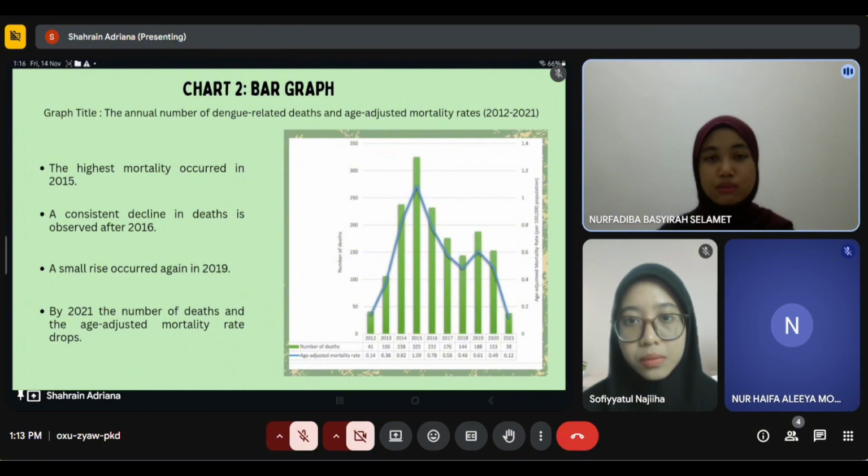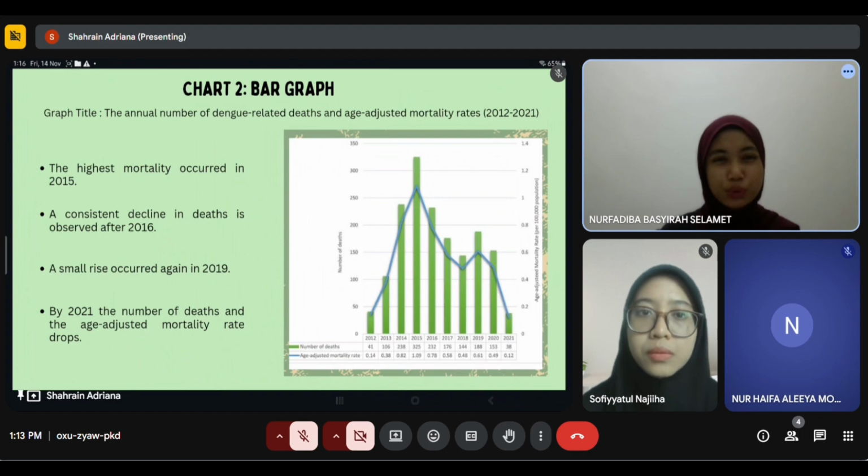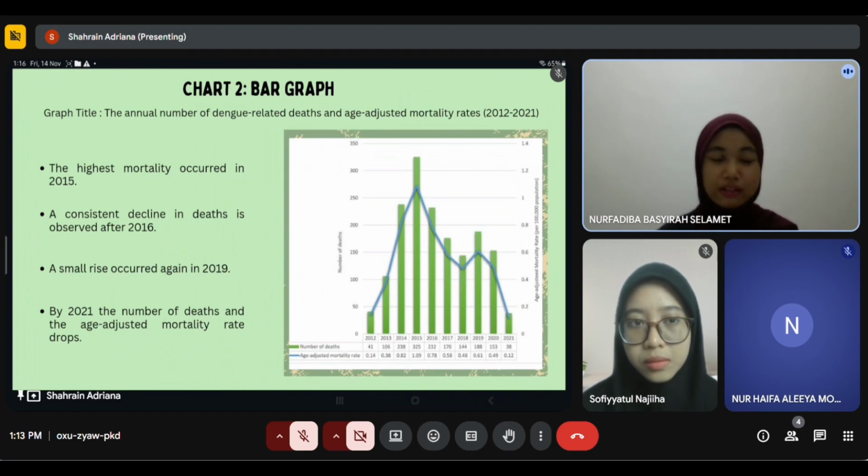Secondly, both the number of deaths and the mortality rate began to decline steadily, showing the positive results from Malaysia's improved dengue control measures and clinical management. And third, in 2019, it began to rise again, proving that dengue incidents can still re-emerge if the preventive actions are not maintained.